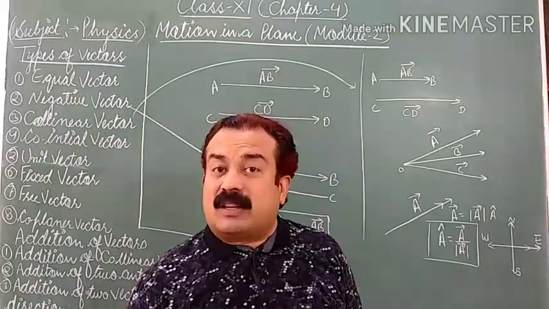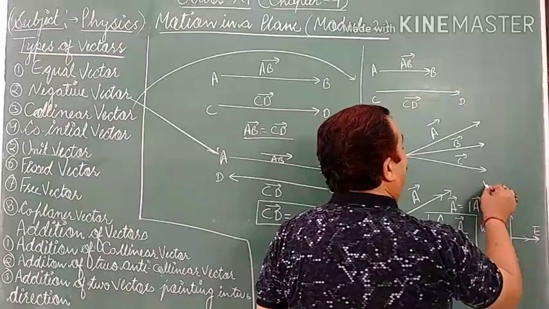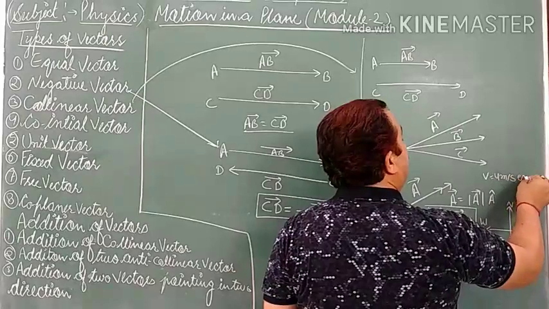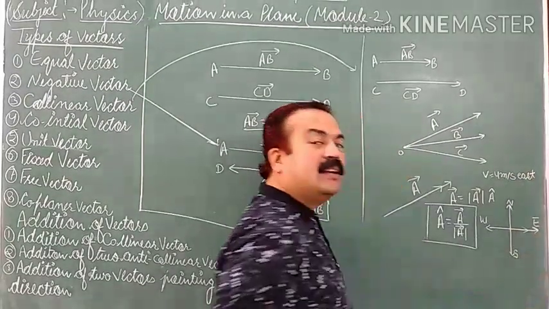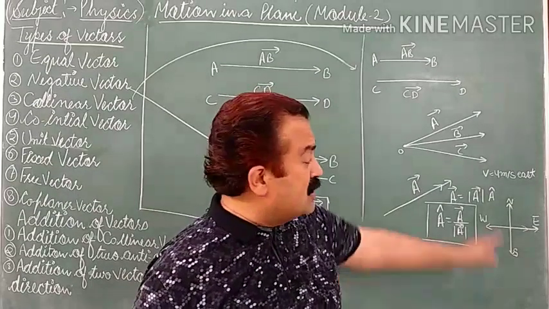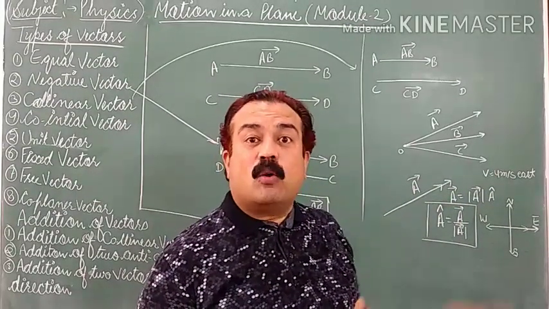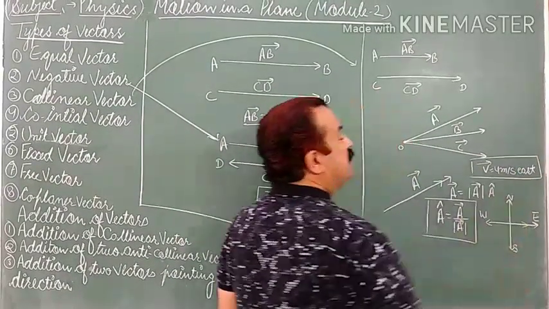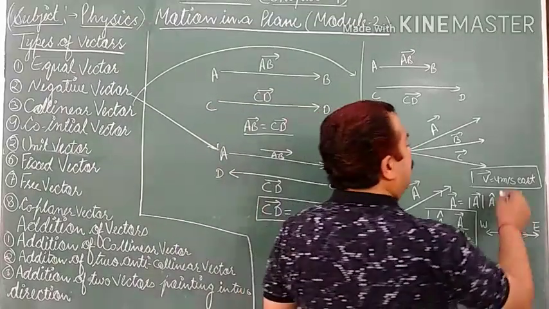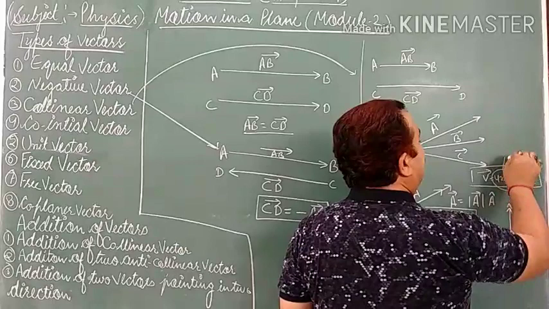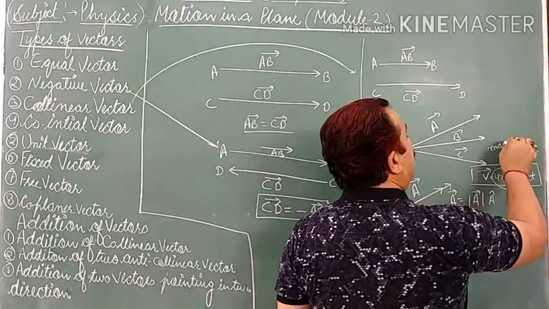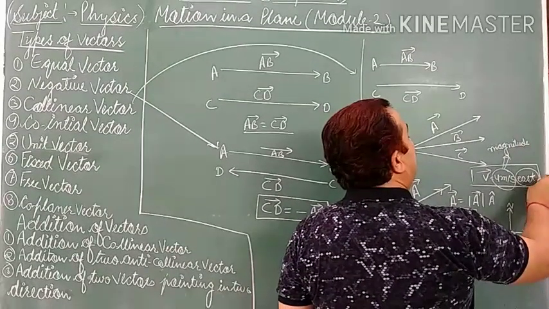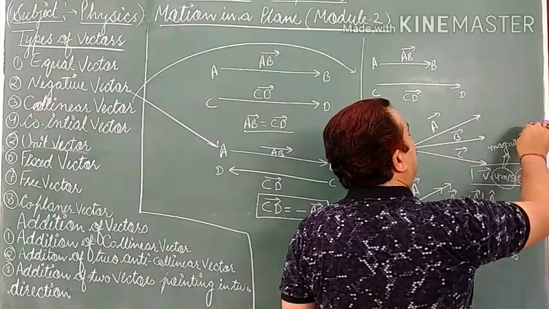The velocity is v equals 4 meter per second toward east. If I want to show this velocity v with a vector sign, I can write it like this. I think you understand now. This 4 meter per second is the magnitude, and east is the direction.